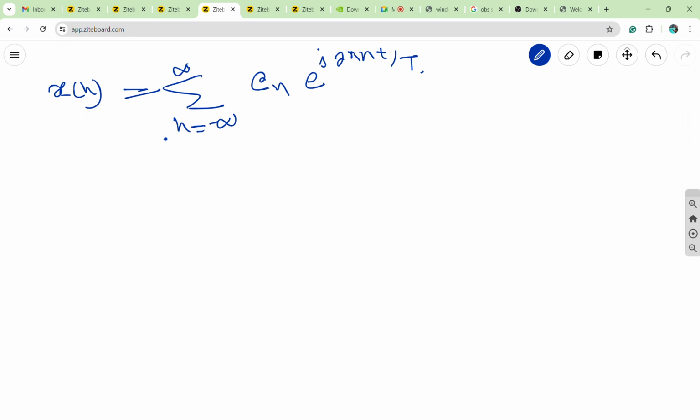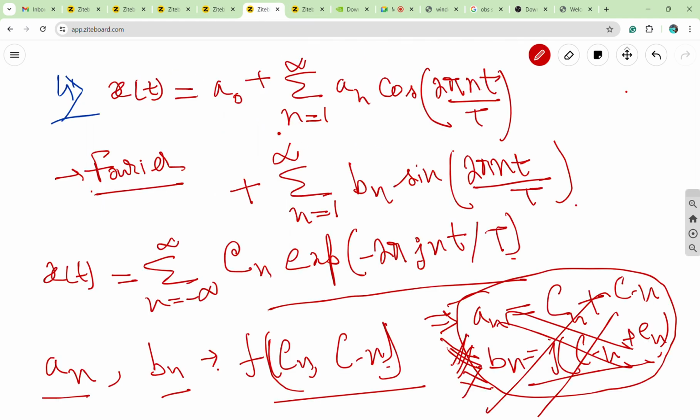If we replace the Euler's equation, x of t becomes a0 plus the sum from n equals 1 to infinity, and there was a cos term.